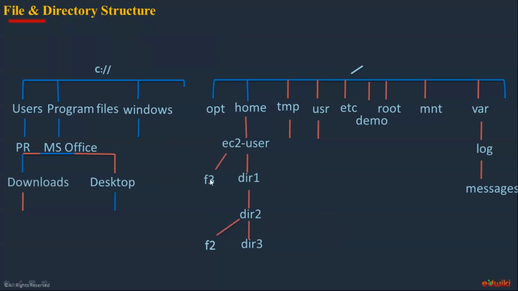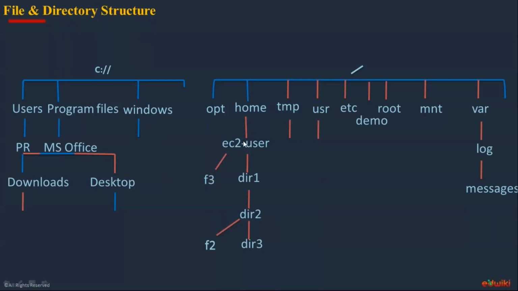Right? You see the F3 file. If I ask you, hey, where is the F3 file? Again, you need to tell the location. Always your absolute path. When I say absolute path, in the sense, the path that you are representing starts from the root directory, right? Always you need to tell from the root directory when it says absolute path. So if I ask you, hey, tell me where my F3 file is.